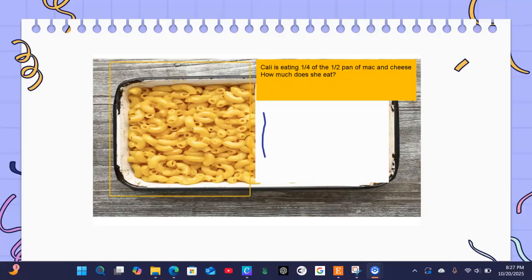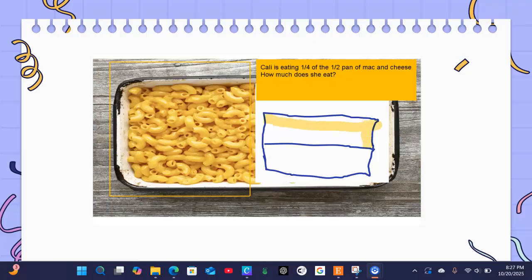So first we're going to draw our rectangle right below it. And this time I'm going to partition my rectangle this way and make my half a pan look like this. Let me go ahead and get my mac and cheese.